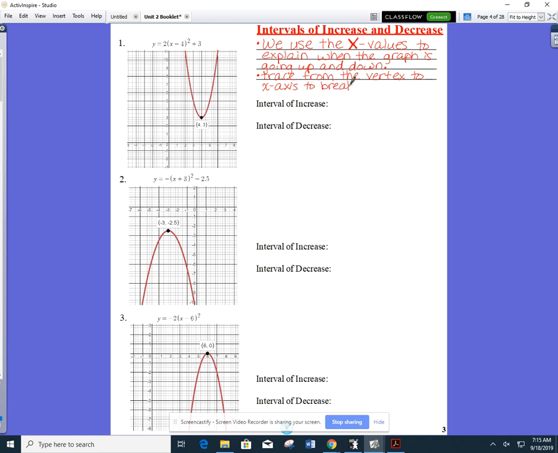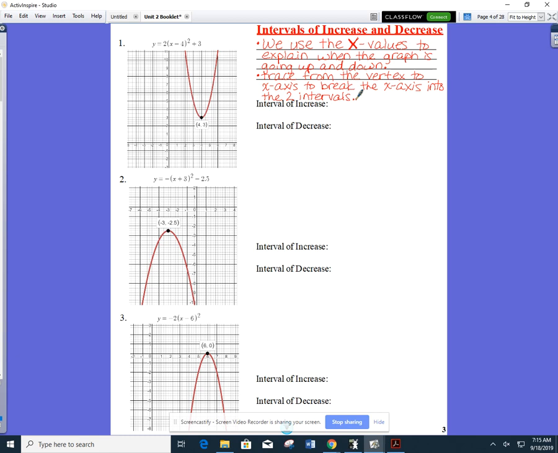And that's going to split the x-axis, or break the x-axis, into two intervals. So we kind of trace straight down from the vertex, and that splits the x-axis.